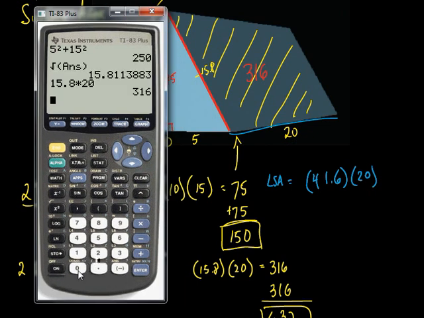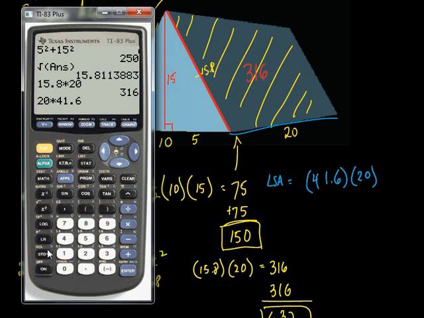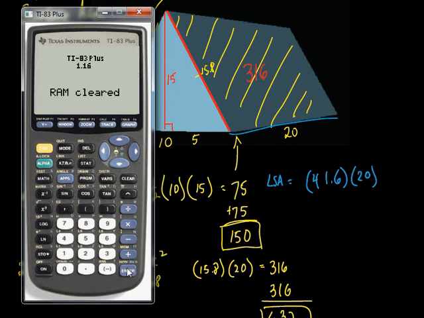So it'd be 20 times 41.6. Oops, my calculator didn't work right. Let's try that again.